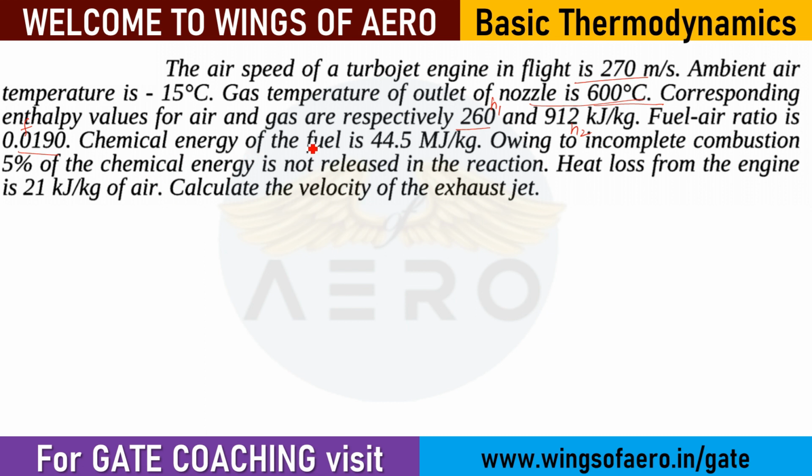The chemical energy of the fuel, that is the calorific value or chemical energy, the CV value has been given as 44.5 megajoule. Here they have given kilojoule per kg, here we have megajoule per kg, so note the unit. Owing to incomplete combustion, around 5% of the chemical energy is not released in the reaction.